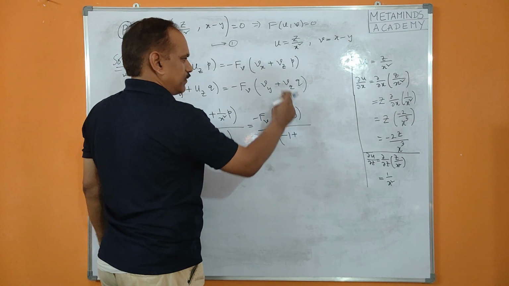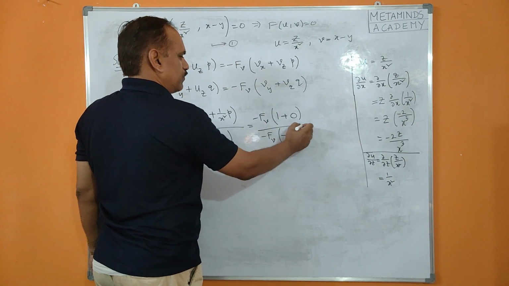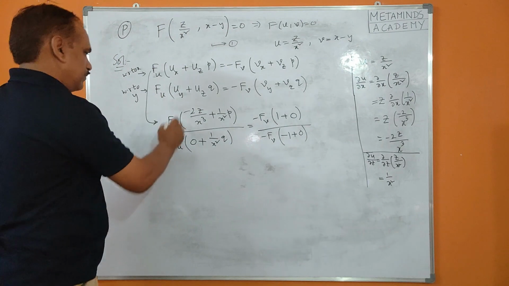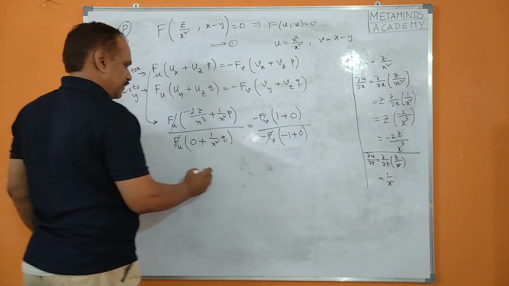Plus v_z is 0, 0 into q is 0. So these two get cancelled.